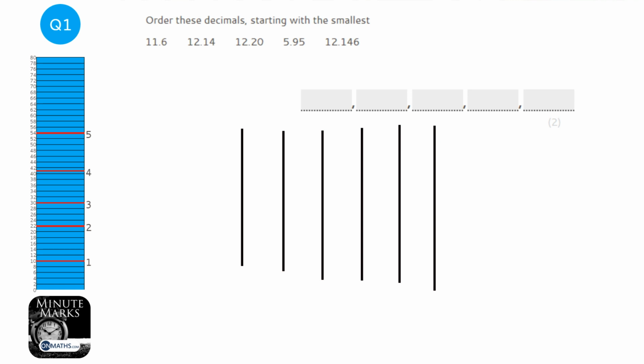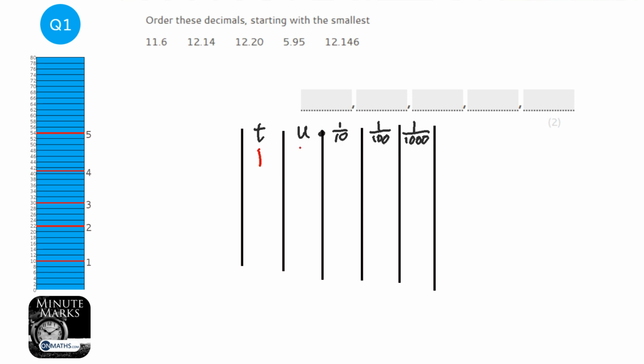Now the first one for this, it looks like we need a tens column, then a units, decimal point, then the tenths column, then the hundredths column, then the thousandths column. Okay, so I'm just going to put the numbers in.